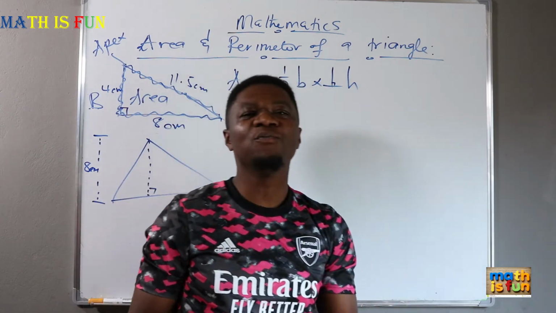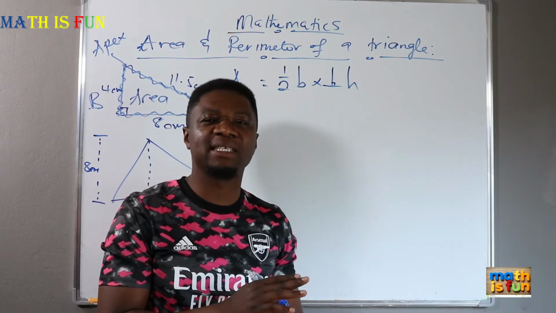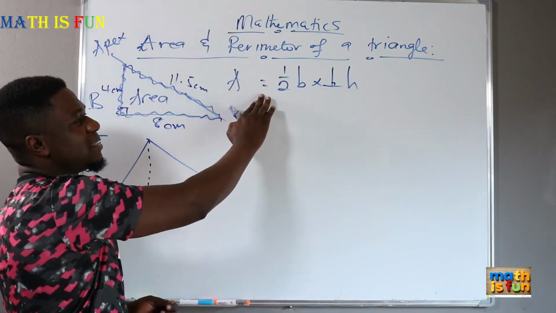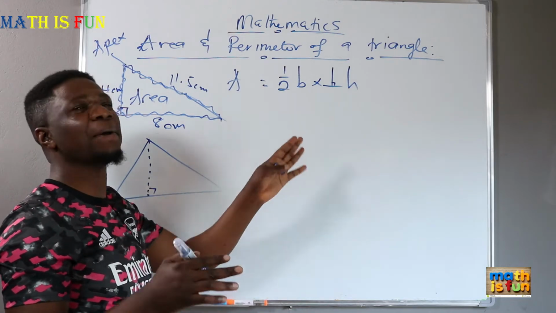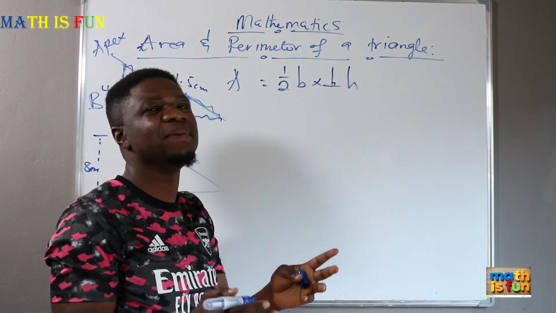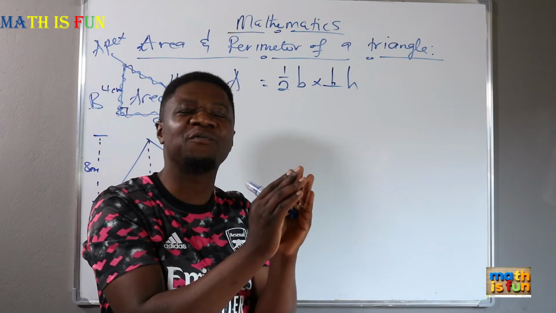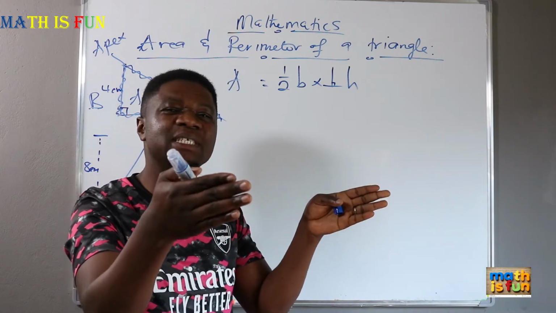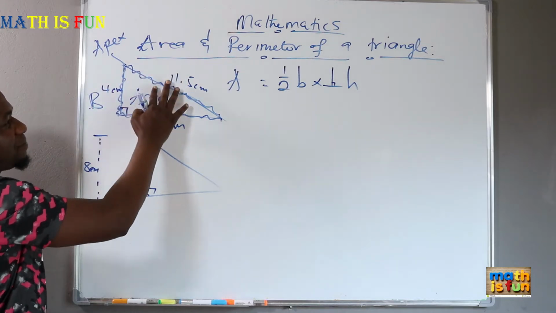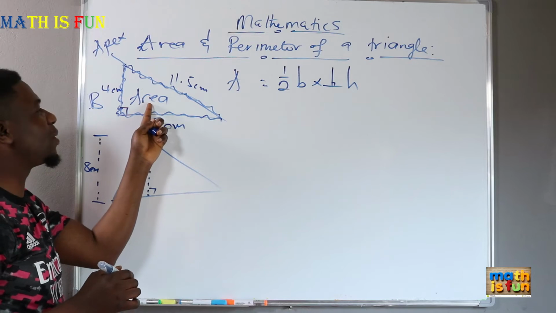Okay, so let's now move on to how to use the formula that is given. The formula says that the area is equal to half of the base multiplied by perpendicular height. Half of the base simply means that half is multiplying the base. You are finding half of the dimension given as the base. So this area is what we are finding.